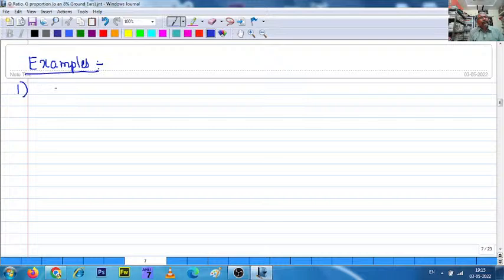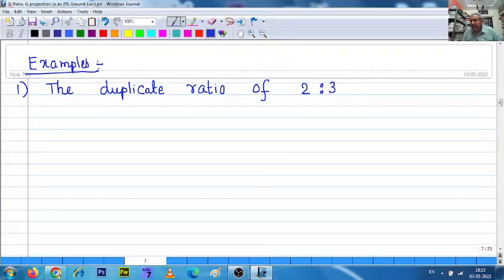So first problem. The duplicate ratio of 2:3. Are you able to find what is the duplicate ratio of 2:3? Try yourself.